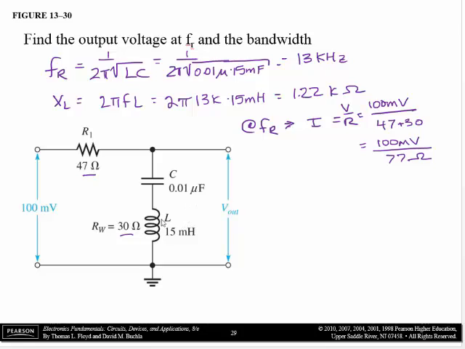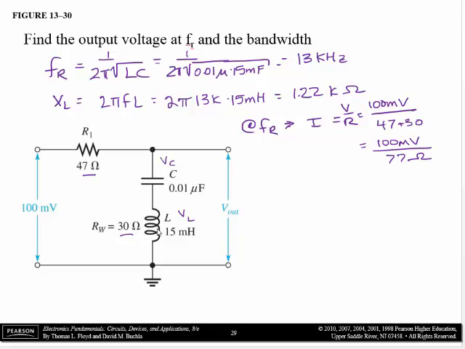But the output voltage is a little tricky here because the voltage across this capacitor and the voltage across this inductor are canceling each other out at resonance. And they're saying to take this output voltage across these 2 points, but VC and VL are canceling each other out. So if this winding resistance wasn't here, Vout would be 0.